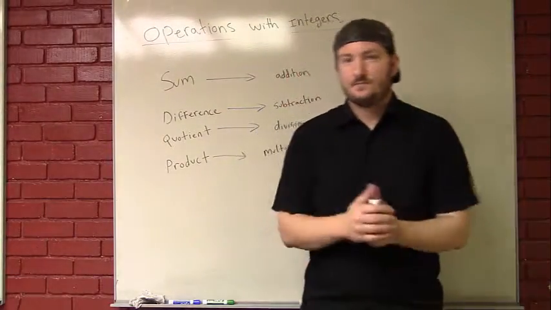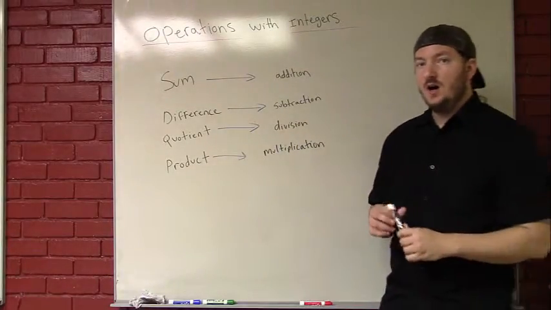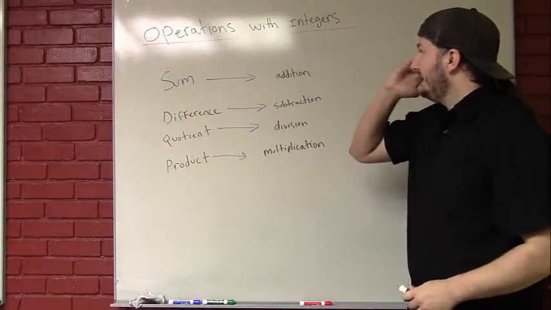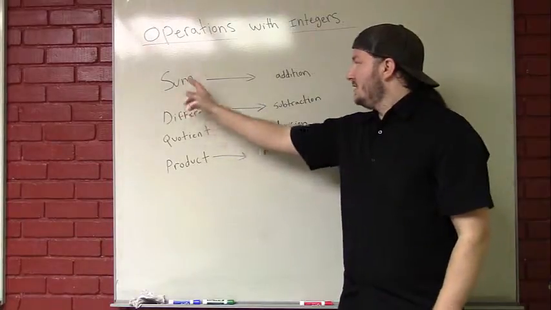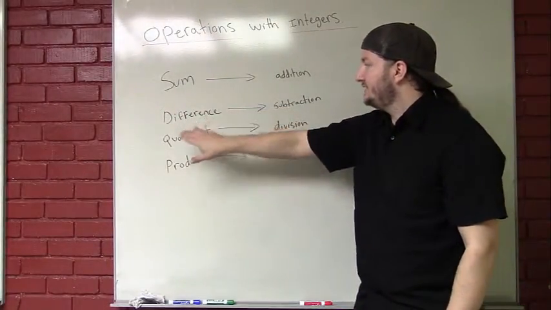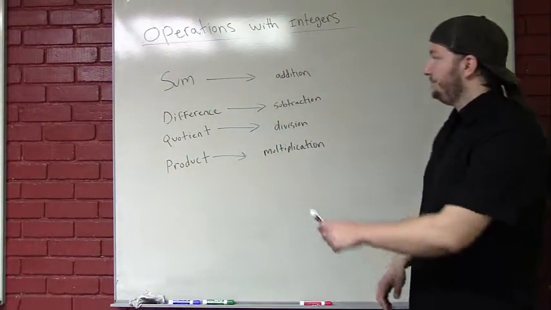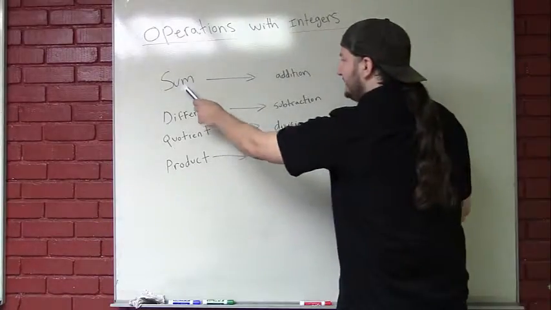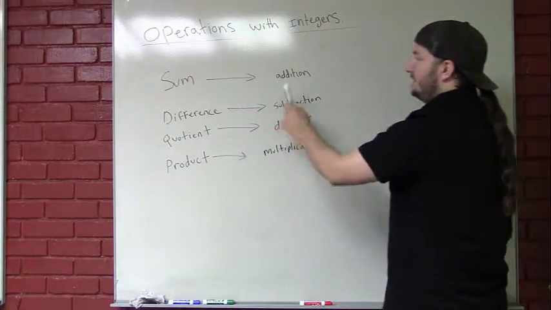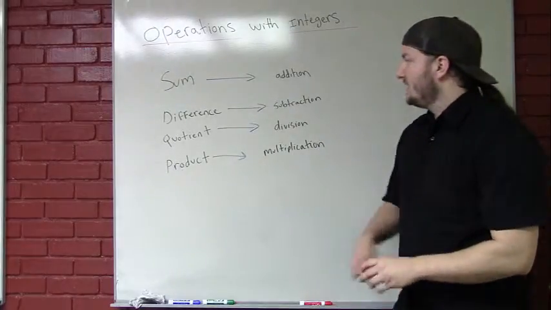So, a few things you gotta know before we get started into some actual problems is these definitions here. What sum means, difference means, quotient means, and product. If you see the word sum anywhere, sum just means addition, it means to add.